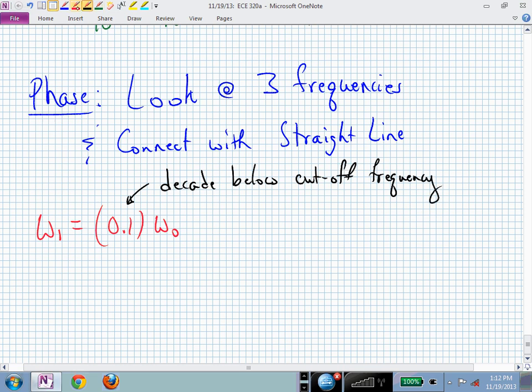In this particular example, we know what omega naught was. This says that we're going to be flat at 0 degrees until we reach a decade before the break. And that's at 0.01, or 10 to the minus 2. And at this particular frequency, our angle is 0 degrees.